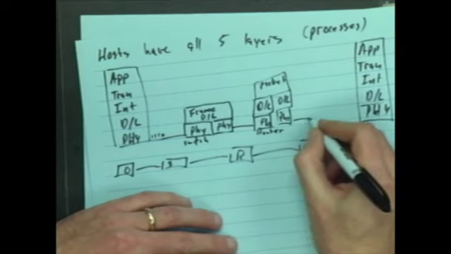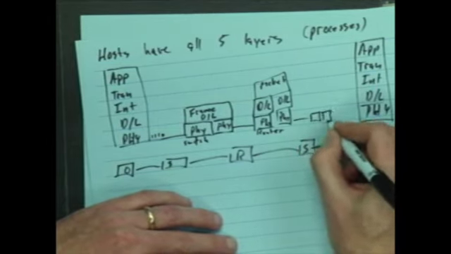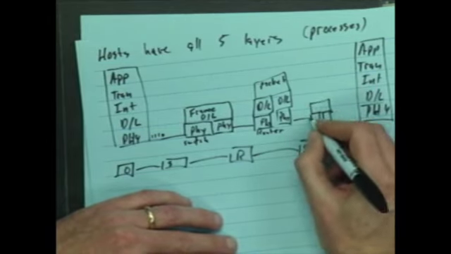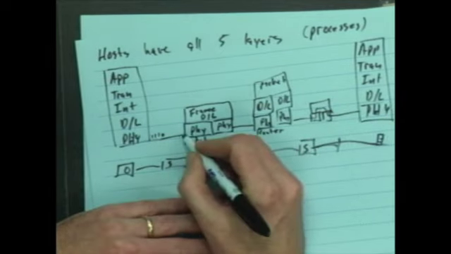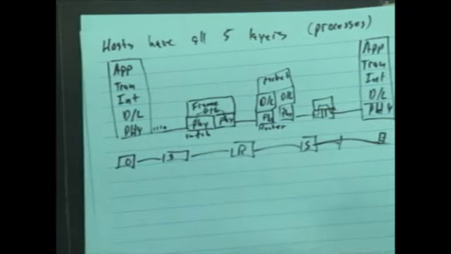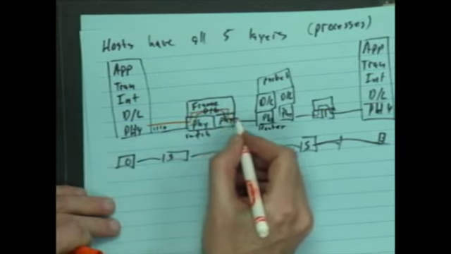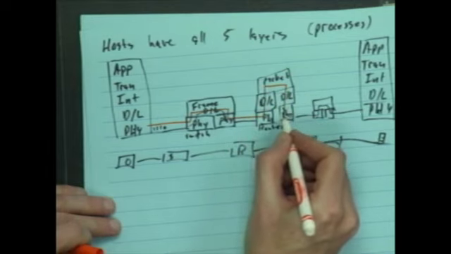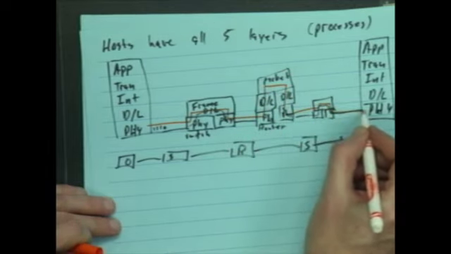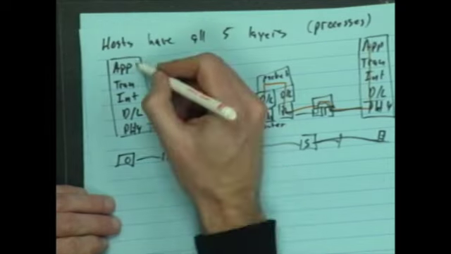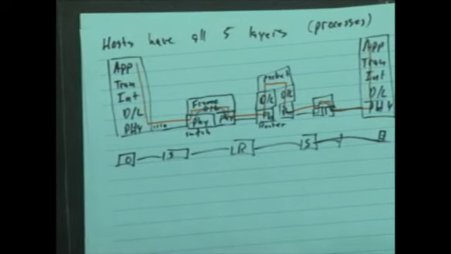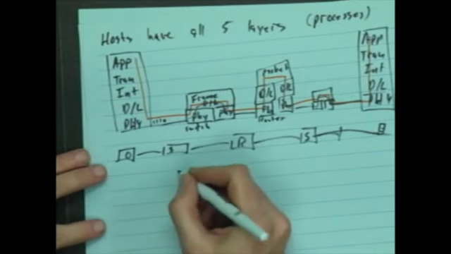Then we have another switch on the way. I'm not going to draw that one. It does its stuff. And so what basically ends up happening is these kind of, I guess I'll draw it with a different color, although it doesn't seem to matter. So hosts have all 5 layers.